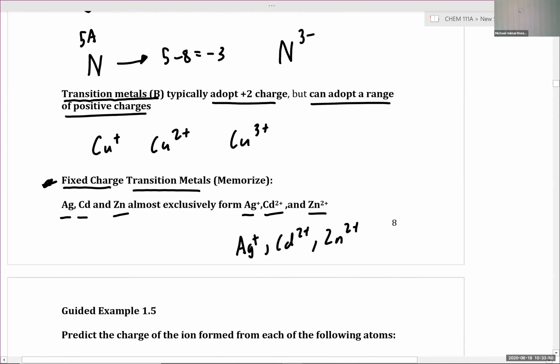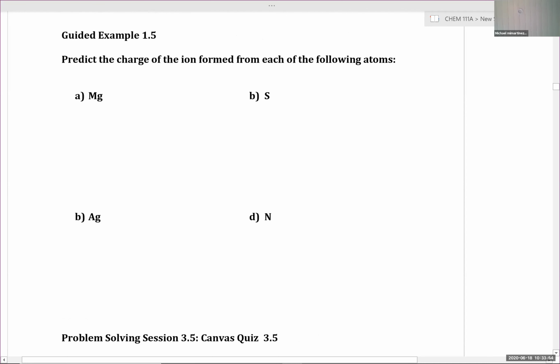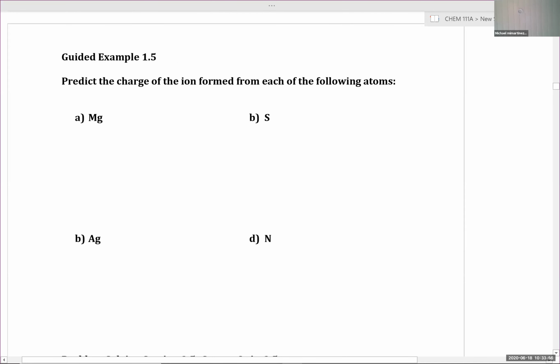If not, let's keep moving on and let's try to tackle the next example. So let's do a guided example now where we have to predict the charge of each ion formed from each of the following atoms. So in this case, we have magnesium. Magnesium, looking at the periodic table, is a 2A element. So it will prefer to form magnesium 2+.